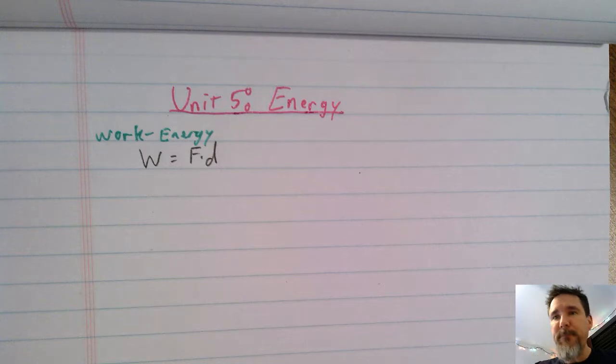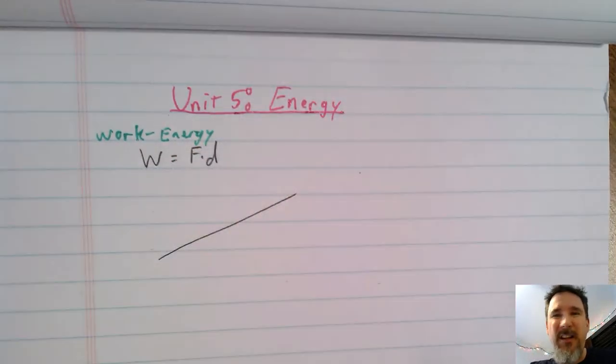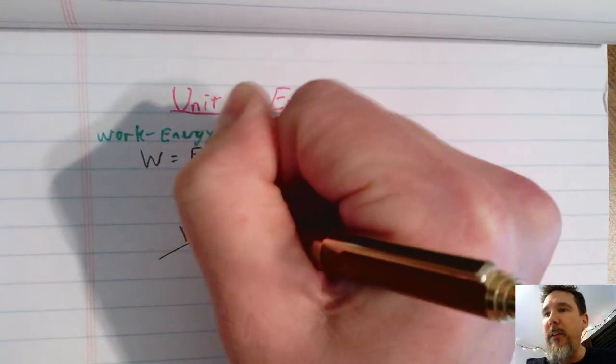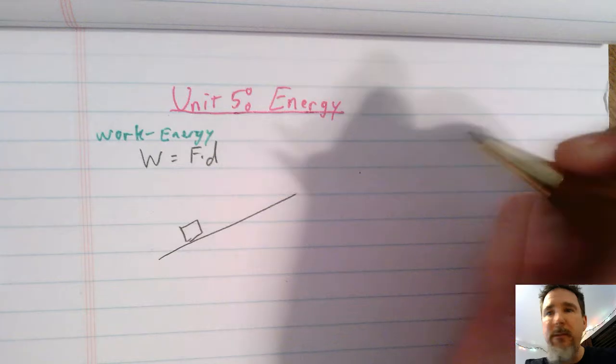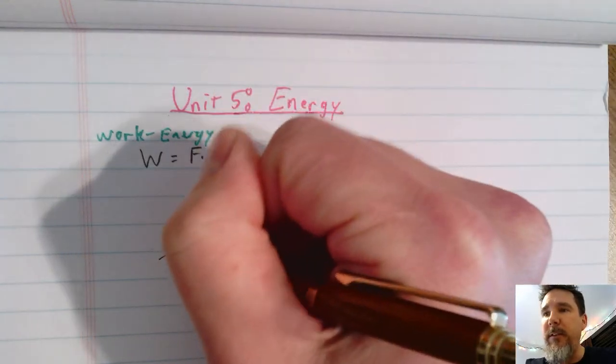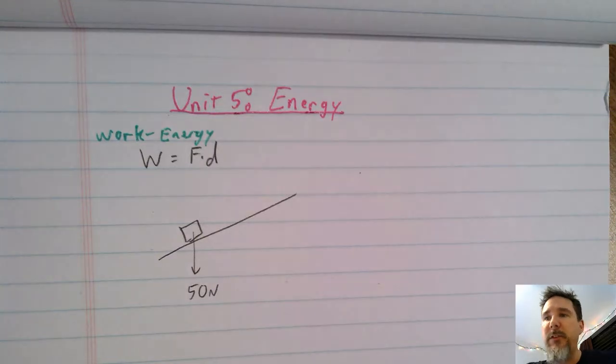For example, let's say you have a hill or an incline, and you have this 50 Newton block. The weight of the block is 50 Newtons straight down.